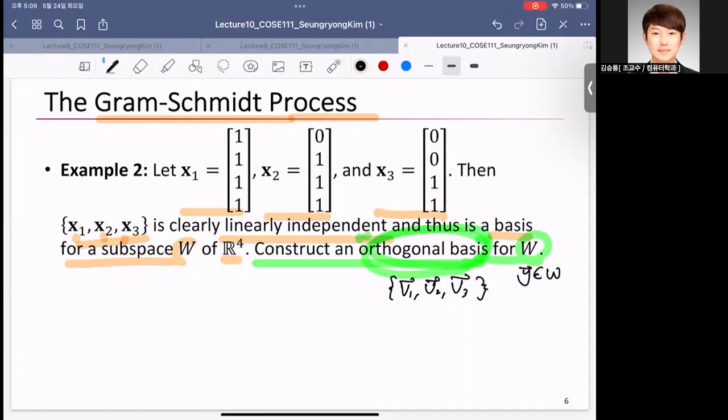This is our main objective that we have to solve here.